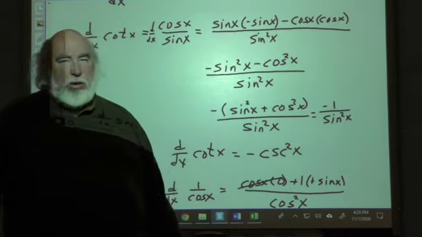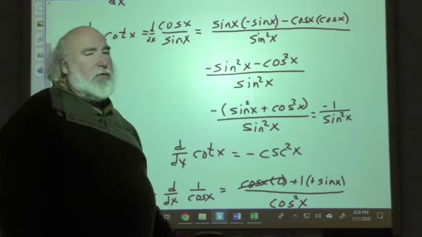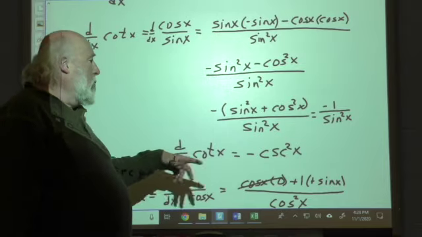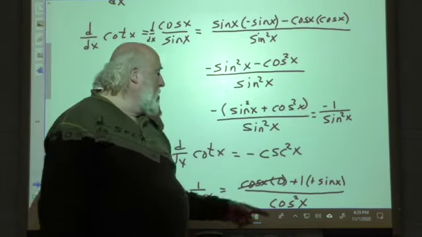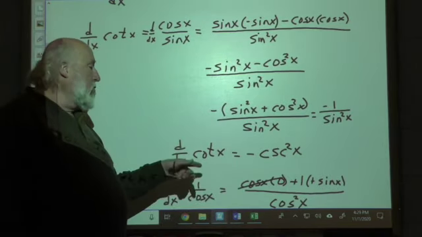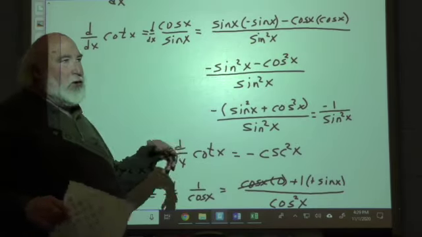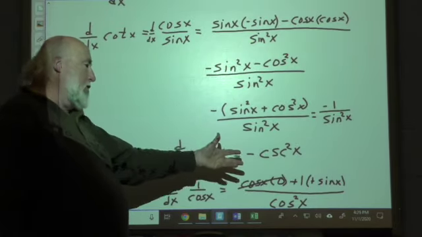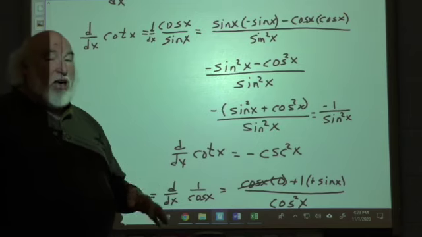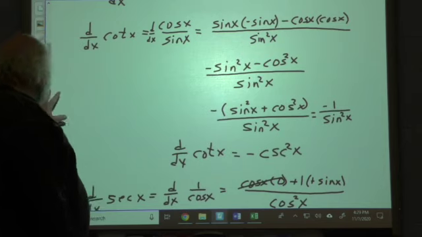And as we know, cosecant is the inverse of sine. Therefore, cosecant squared is the inverse of sine squared. And we have a negative here, so we just write negative cosecant squared is the derivative of cotangent x. Otherwise, if you look at the first one, the tangent of x, it's pretty similar to this, except it does have an extra negative sign. So be careful when you write it down in your calculus toolbox.